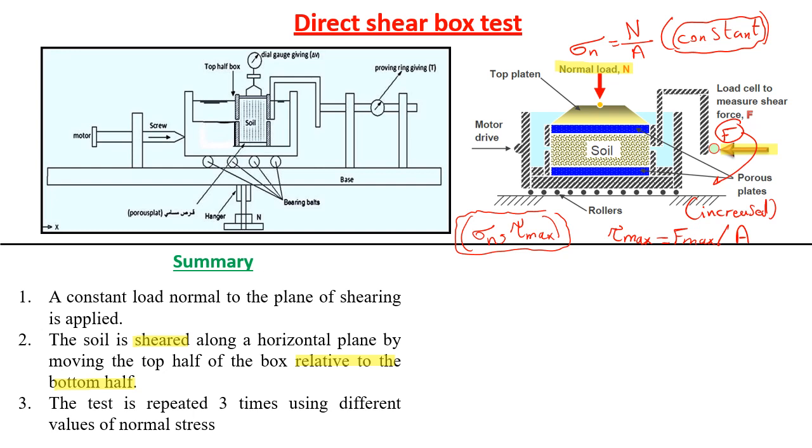Then you can repeat this test at least three times to obtain three stress states. You will obtain sigma n and tau maximum three times. So you have sigma n1 and tau maximum 1 for the first test, sigma n2 and tau maximum 2 for the second test, and for the last test, sigma n3 and tau maximum 3.